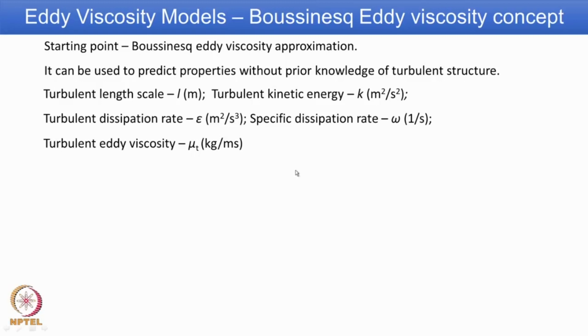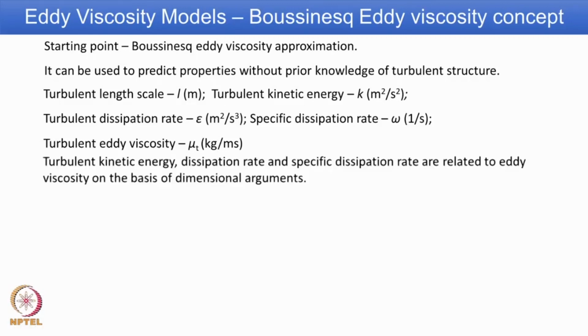We also define turbulent eddy viscosity mu t, and it has the same unit as the laminar viscosity, kg per meter second. Turbulent kinetic energy, dissipation rate and specific dissipation rate, they are all related to eddy viscosity based on dimensional arguments as shown here.